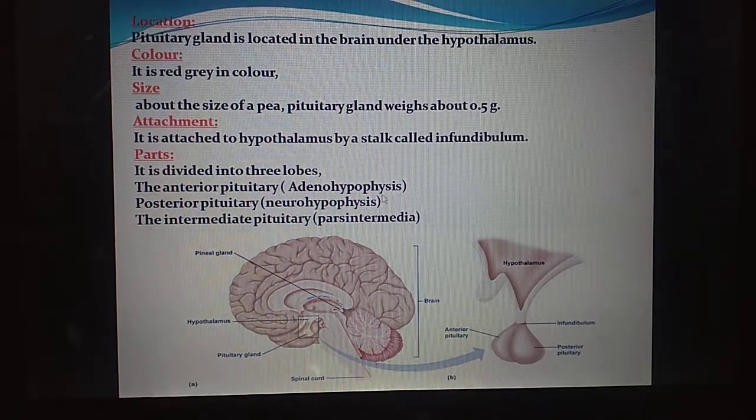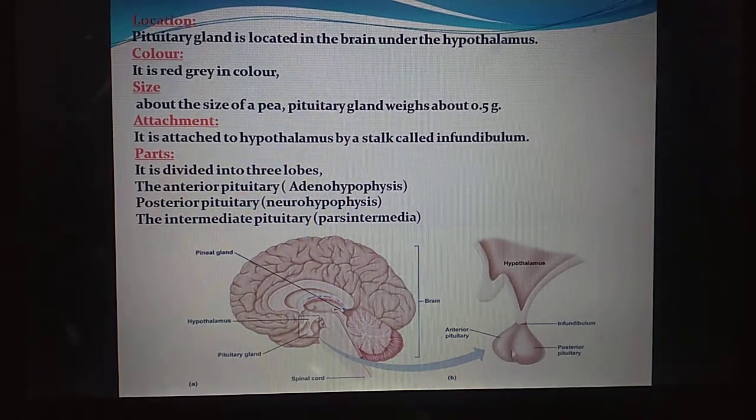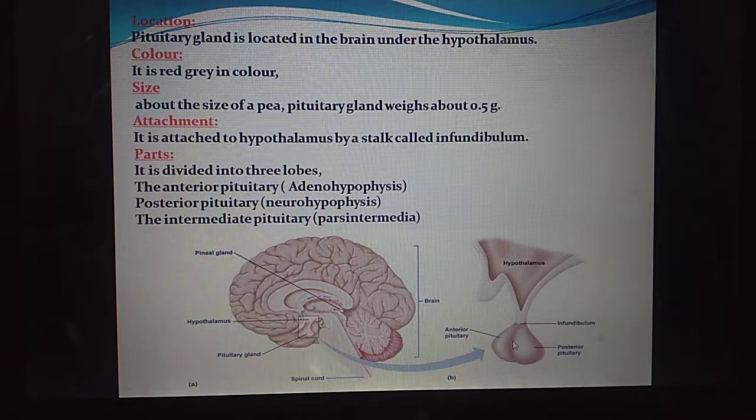The anterior is adenohypophysis, the posterior is neurohypophysis, and the median is pars intermedia. Okay. This is the posterior pituitary, this is the anterior pituitary, and this median lies just between the two. You can see it is in the form of an epithelial membrane. Okay, then.